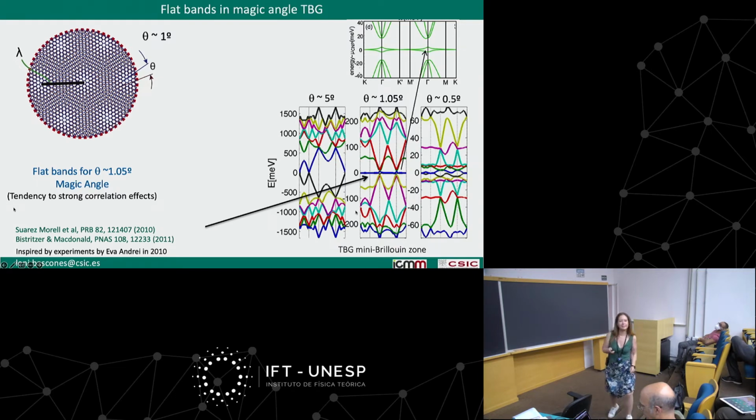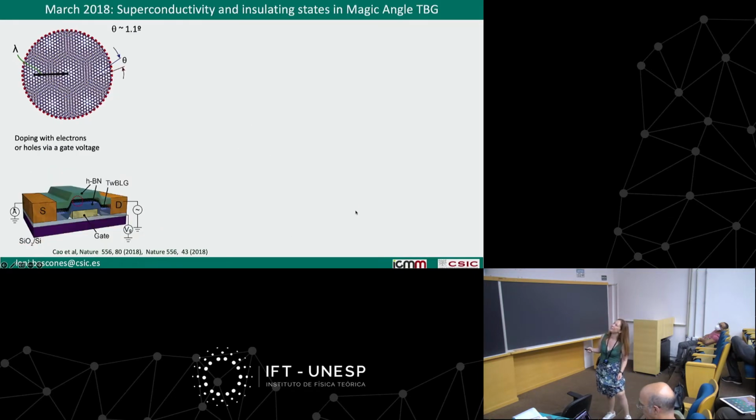And so the real excitement started in 2018 when Pablo Jarillo at MIT prepared this system. He had prepared the system a bit before and did some measurements, but in that year he published his twisted bilayer graphene heterostructure, rotated 1 degree, normally 1.05.